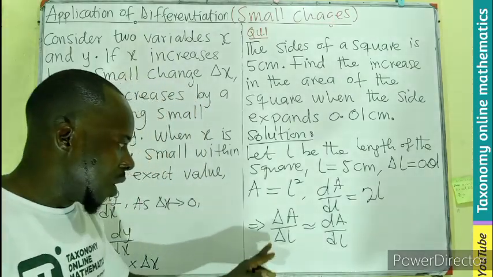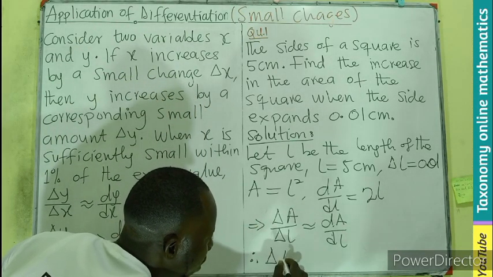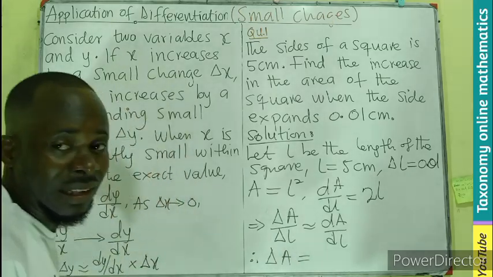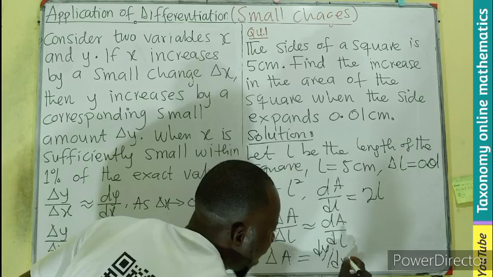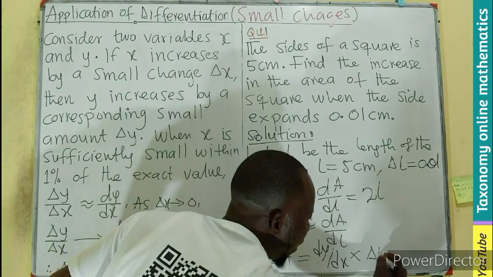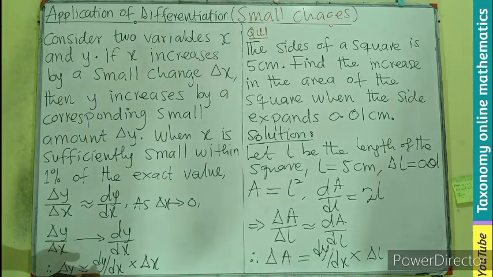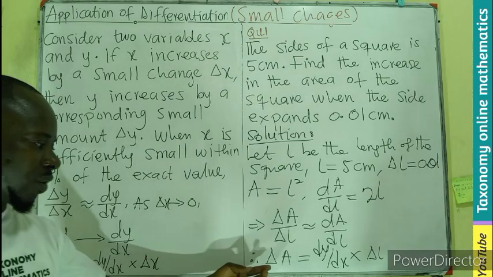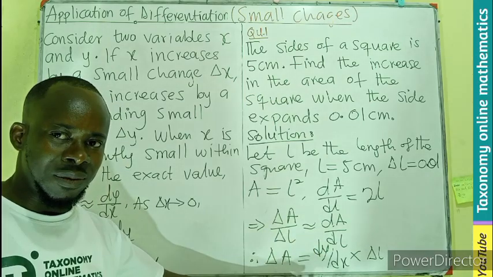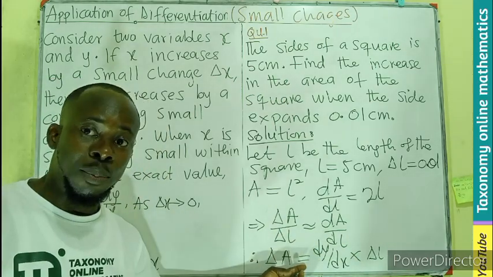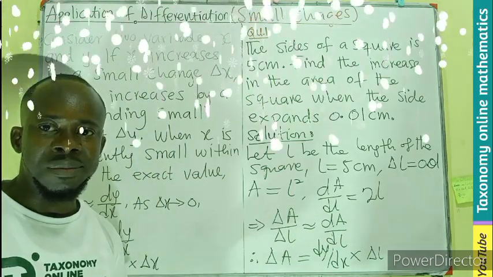So now we are looking for the change. Therefore, the small change in A, that is the area, will be equal to dA dL times the small change in the length. So you can see we have made use of the same section where we are looking for the small change in the dependent variable equals dy dx times the small change. We can use this as approximation. Then we substitute the values and see what that will give us.